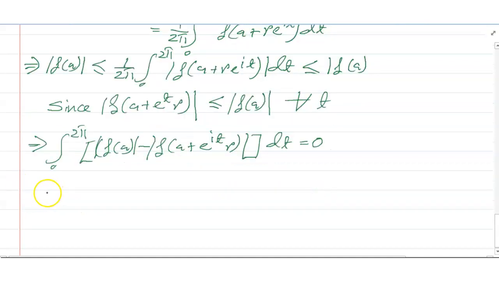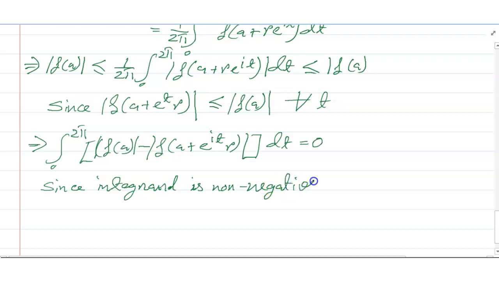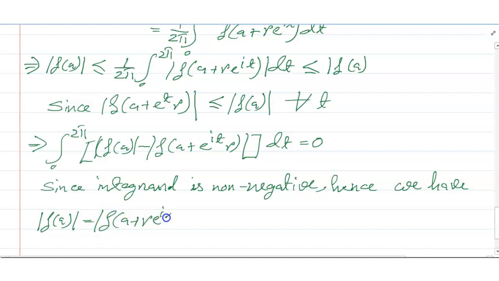Since the integrand is non-negative, hence we have mod of f(a) equal to mod of f(a plus r e to the power it) for all t.